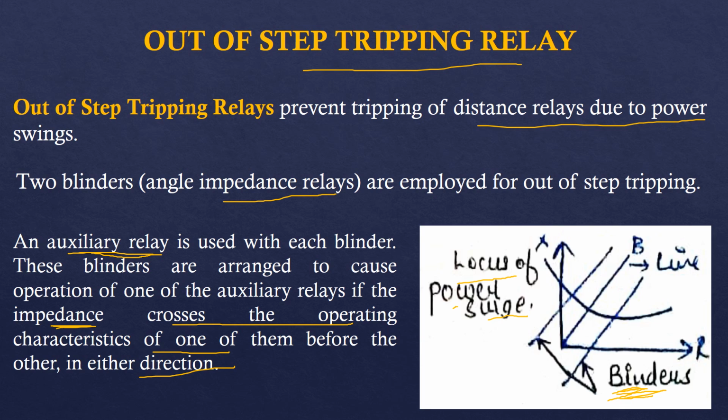Now they will operate either for a trip command, for some control action, or for some alarm. In this way, the distance relay is prevented from tripping in case of power swing, as prior to the distance relay these blinders get operated.